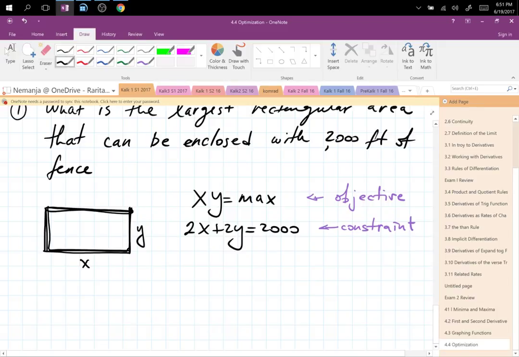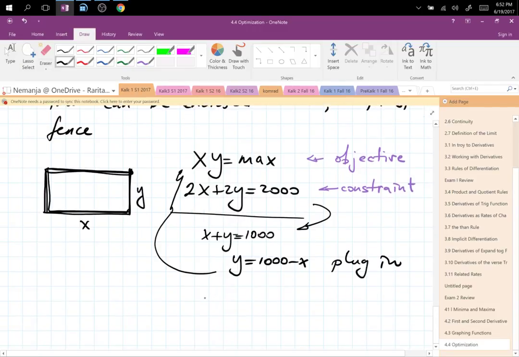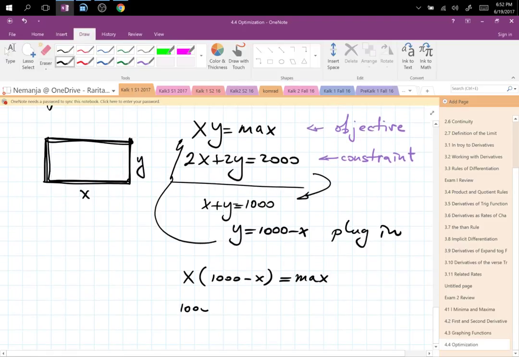So now, once you have this, the procedure is again the same. From the constraint equation, x plus y equals 1,000. y equals 1,000 minus x. Plug in. We have x times 1,000 minus x equals a max, which is 1,000x minus x squared equals a max.